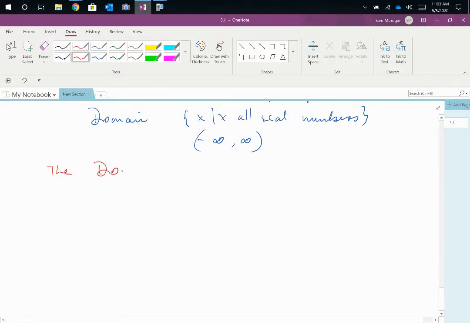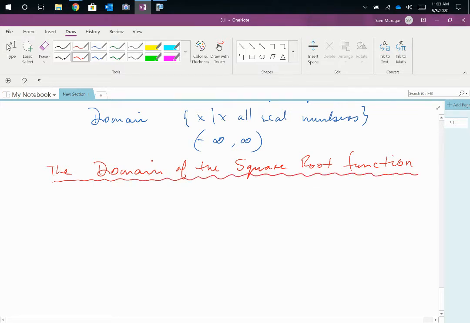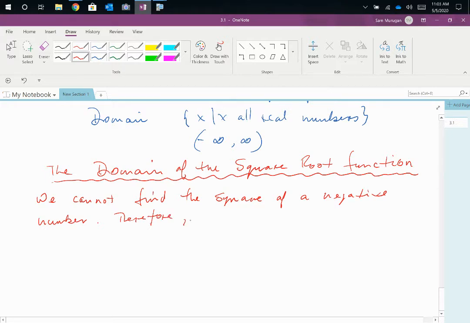The domain of the square root function: to find that domain, since we cannot find the square root of a negative number, therefore the radicand must be greater than or equal to 0.